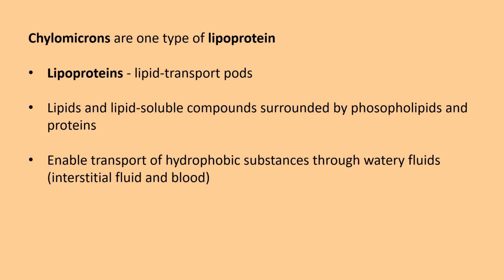So rather than allowing free fat globs to float around in our blood, the lipids are packaged into lipoproteins, and this allows them to safely travel in the blood where they won't find each other and merge into bigger and bigger fat droplets and cause an embolism. So they are lipid transport pods.